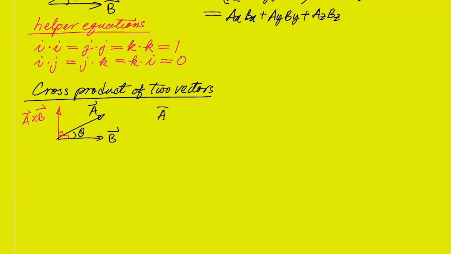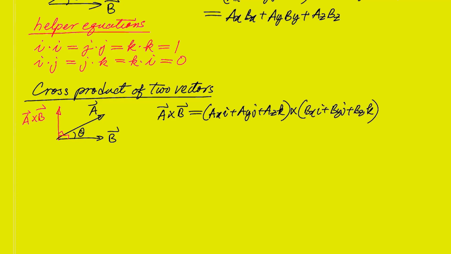Let's describe the cross product of A and B by writing out the three-dimensional component form. And this time, let's write out also the helper equations. Cross product will produce a vector whose magnitude depends on the sine of the angle between the two.